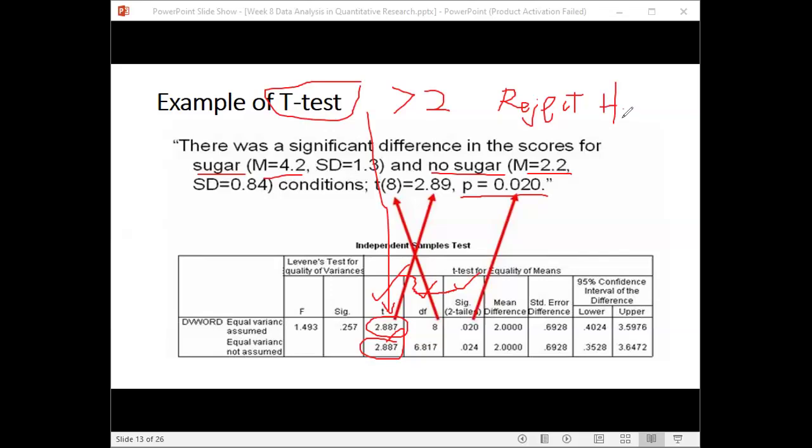Right? The null hypothesis is called H0. Reject the null hypothesis. If the t statistic is less than 2, then we do the opposite. We accept the hypothesis H0. That's the null hypothesis.